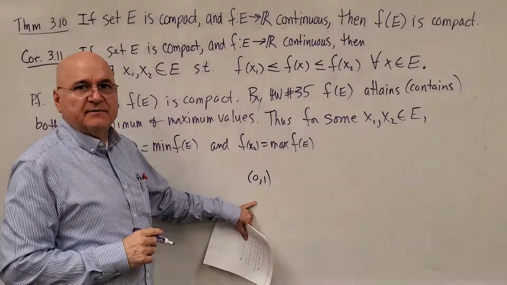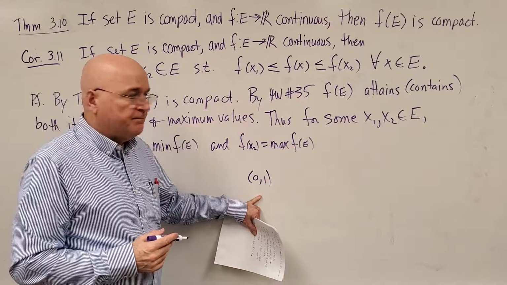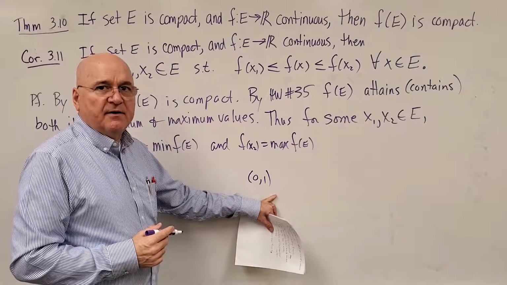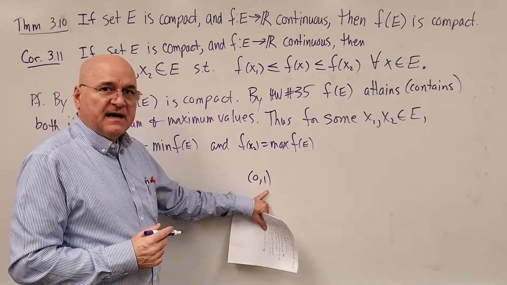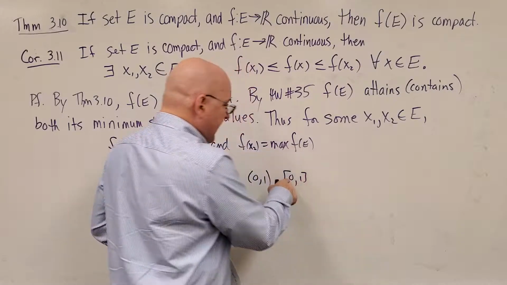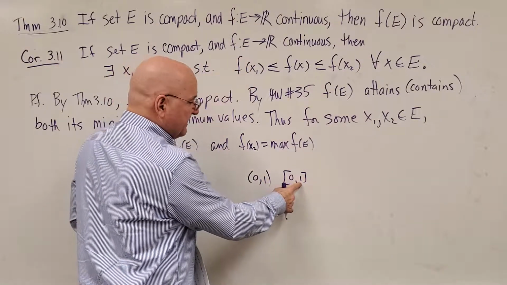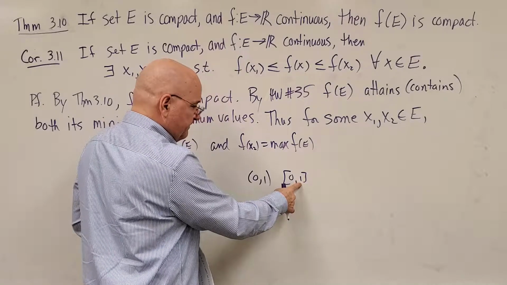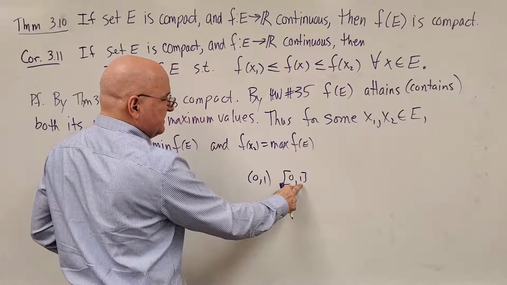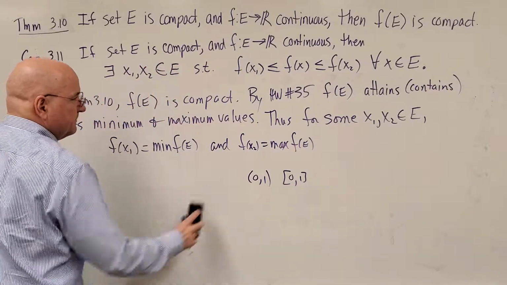It's not closed and bounded. Nor does it have a minimum and a maximum, neither one. The greatest lower bound would be 0, the least upper bound or supremum would be 1, and neither one of those is in the set. Whereas this has a lowest value, a minimum value which is 0, and a maximum value which is 1. So this compact set contains the min and max. This one doesn't, because it's not compact.